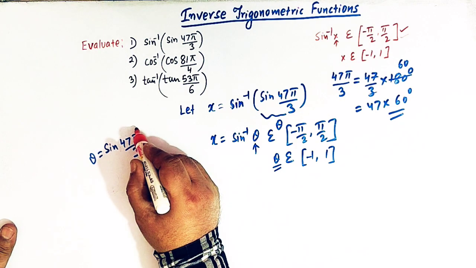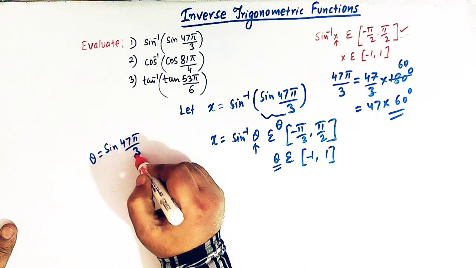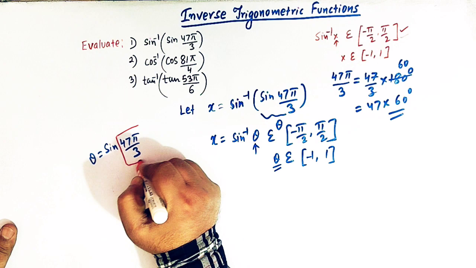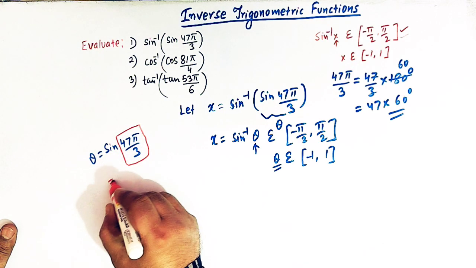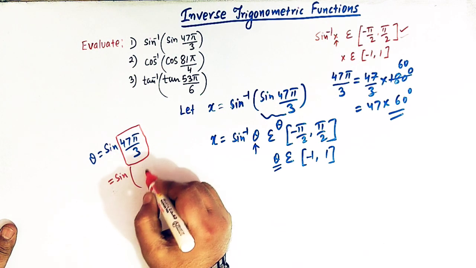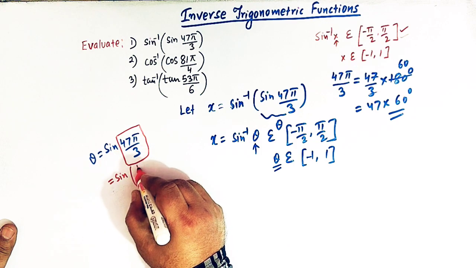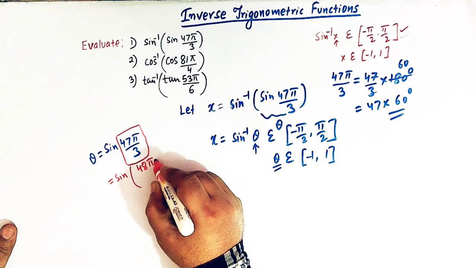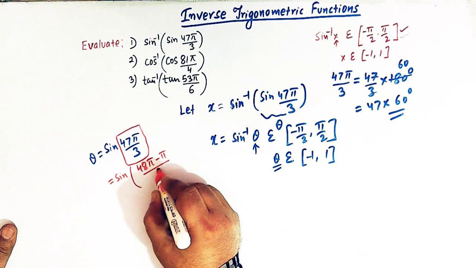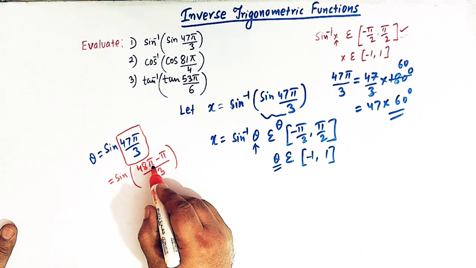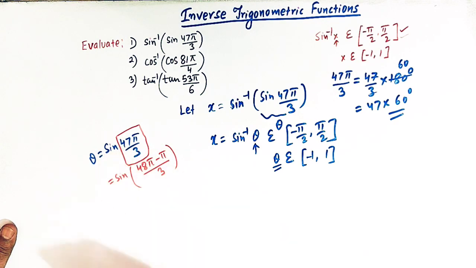Now let us split the angle 47 pi over 3. We can write sine of 47 pi over 3 as 48 pi minus pi over 3, because 48 pi minus pi is 47 pi.